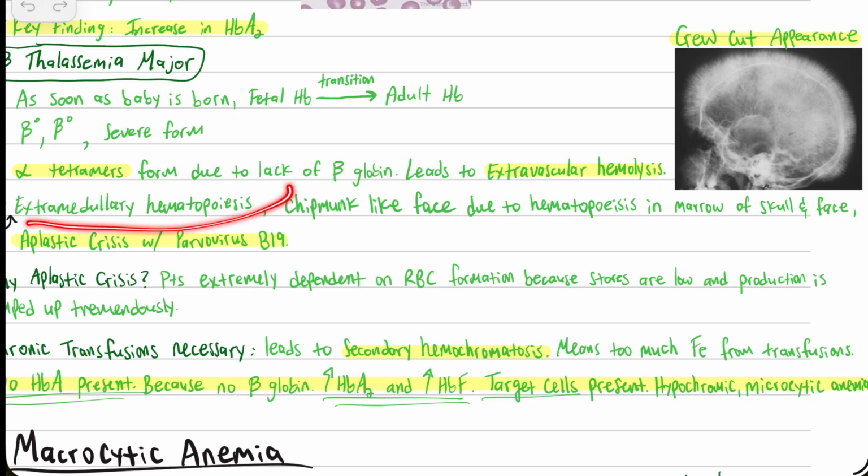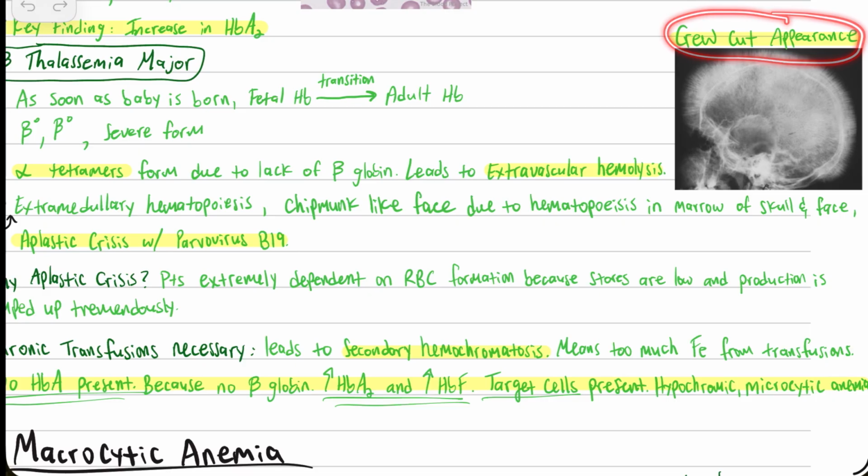So we're having the extramedullary hematopoiesis where we have increased hematopoiesis in the bone marrow, and skull, and the face, and then also liver and spleen later on. So that gives you that chipmunk-like face. And you're going to have something called crew-cut appearance on X-ray, which is what this looks like. This right here is not normal. Shouldn't see that on X-ray.